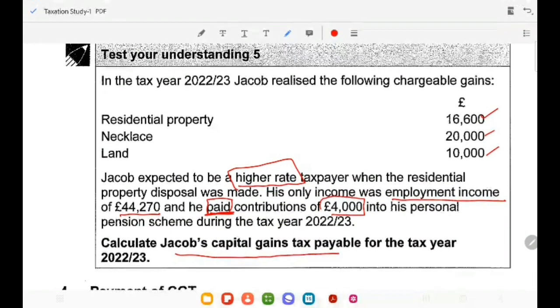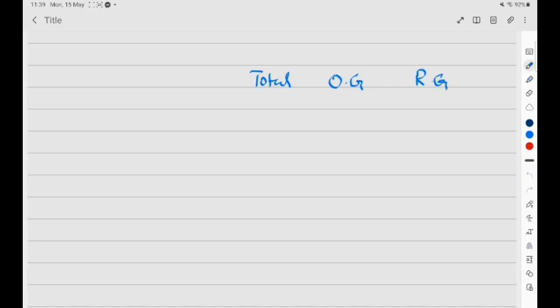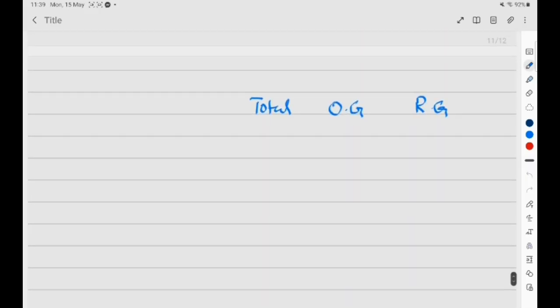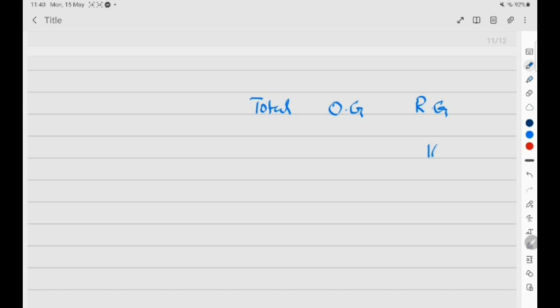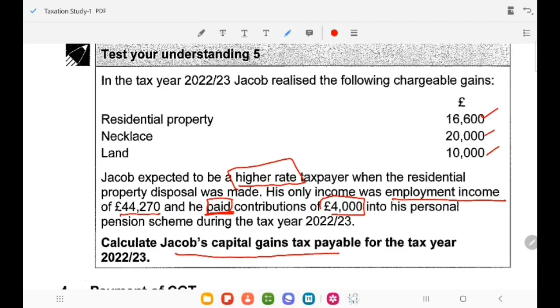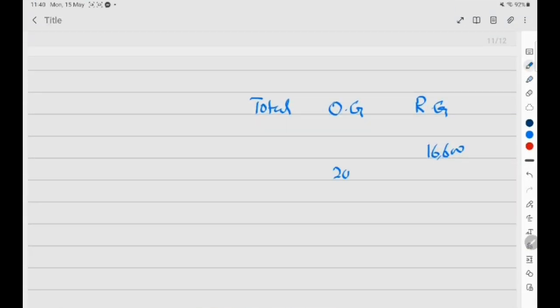So again we have to consider the three column approach: total, other gains, residential gain. First we need to consider what is the loss, and loss is in that case 16,600. So it will be recorded here 16,600. Then we have necklace, which is to be included in other gains, 20,000.